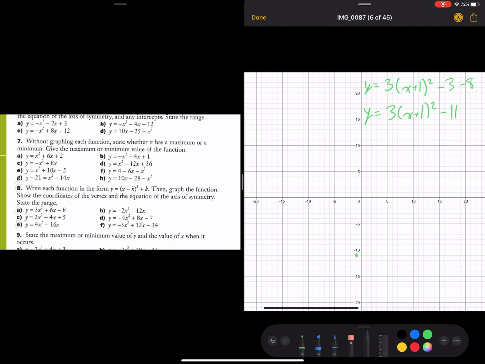Our vertex is minus 1, minus 11. And our axis of symmetry, is that what it asked us to find? Yes. It is basically x equals minus 1. We just take our x value.